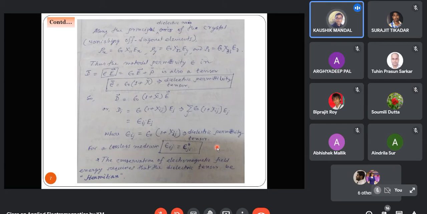So for the conservation of electromagnetic field energy, the dielectric permittivity tensor must be Hermitian, that means epsilon ij equal to epsilon ji. If it is represented by complex numbers, then epsilon ij equal to epsilon ji star, that is, the complex conjugate will be equal.